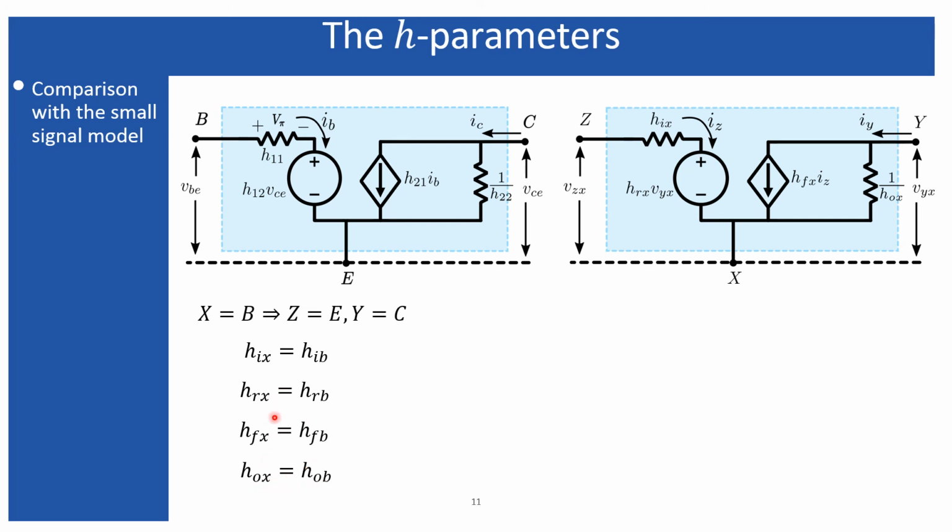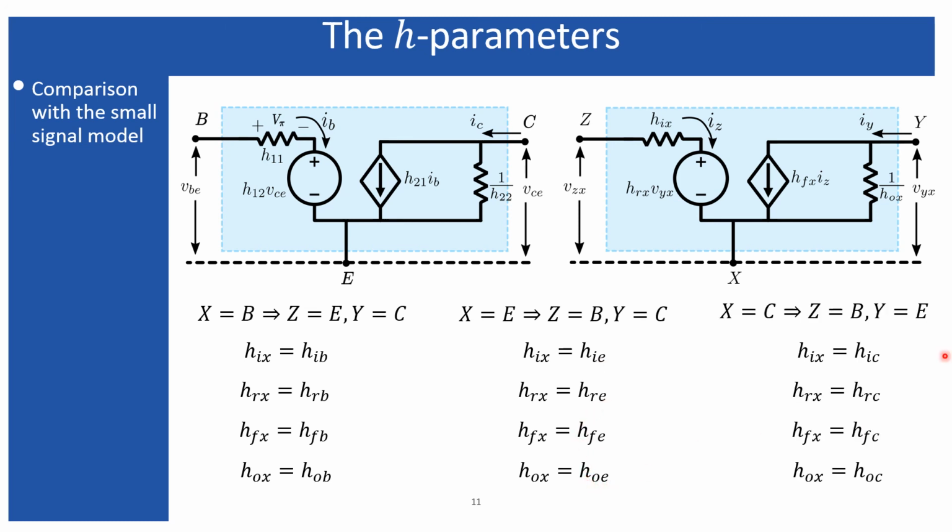Just this common term will be changed, because these parameters are associated with the common base, so that is why this gets changed. Similarly, for common emitter, they become HIE, HRE, HFE, and HOE. For common collector, there will be HIC, HRC, HFC, HOC, and that's all.